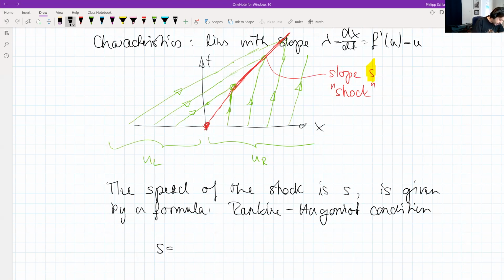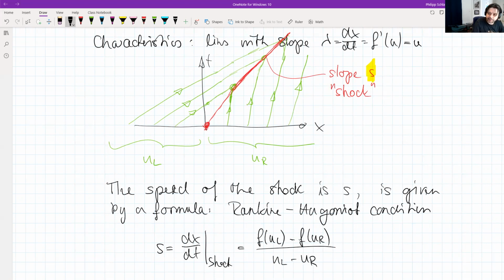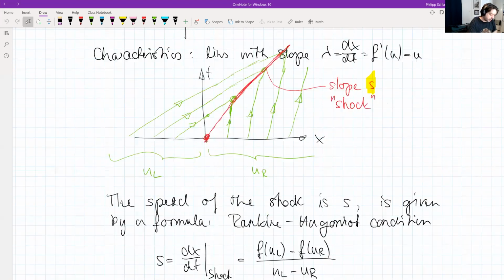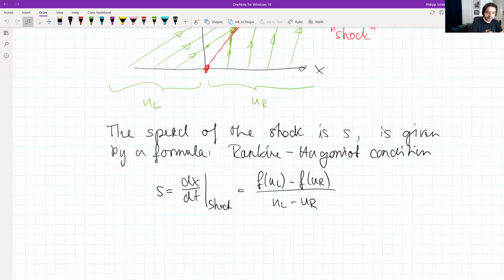It says that the shock speed, so s, which is dx over dt along the shock, is f of ul minus f of ur divided by ul minus ur. And this is valid for the Riemann problem that was written exactly in the way that I showed here. So we have two values, ul and ur, and then the shock speed is given by this formula.